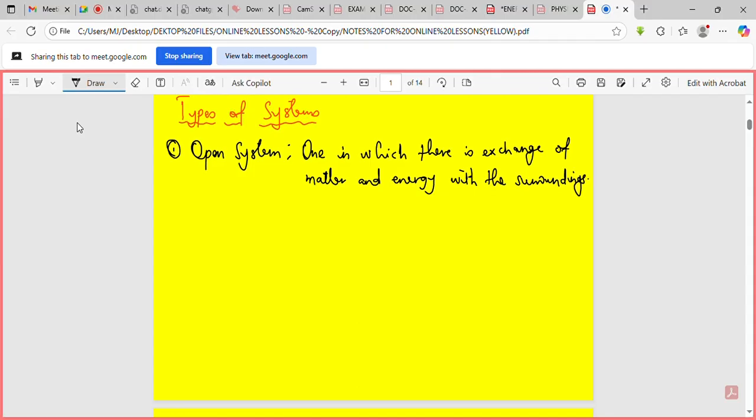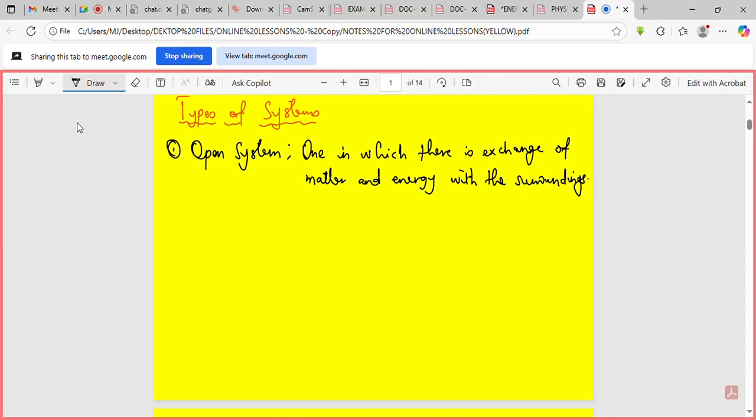It has direct interaction with its surroundings.